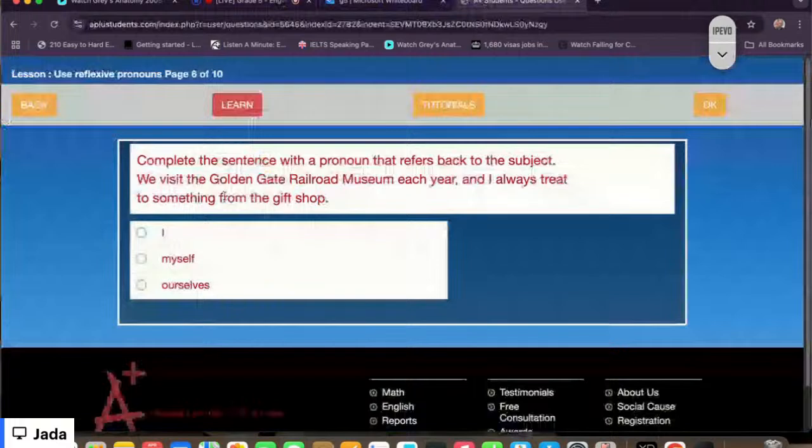We visit the Golden Gates Railroad Museum each year, but I always treat to something from the gift shop.